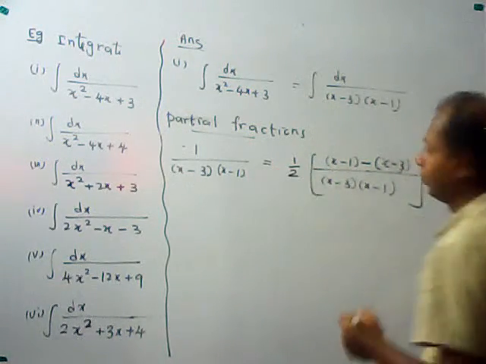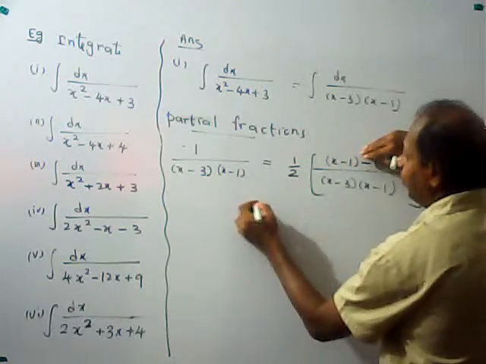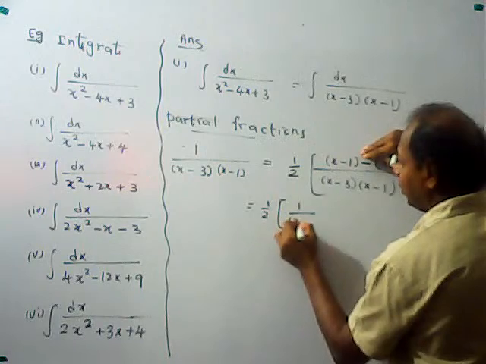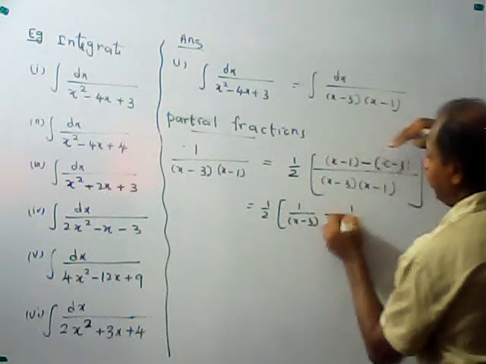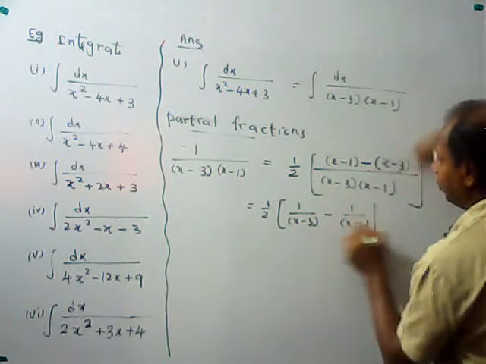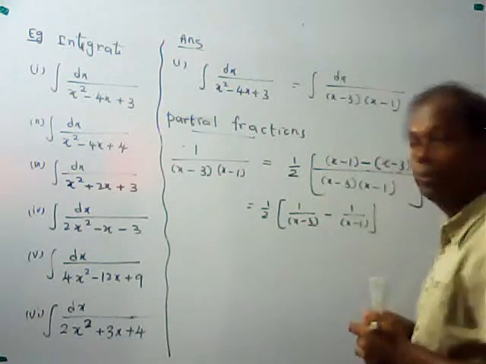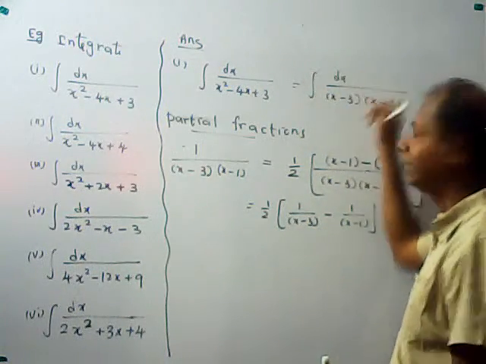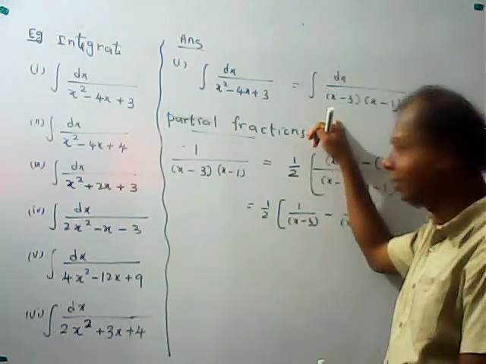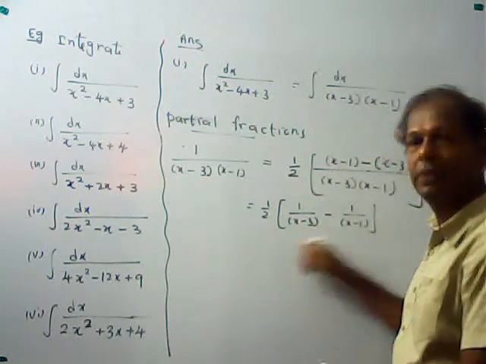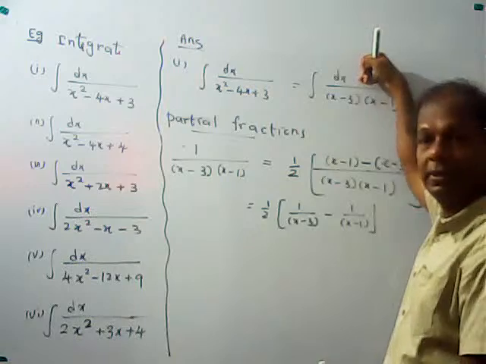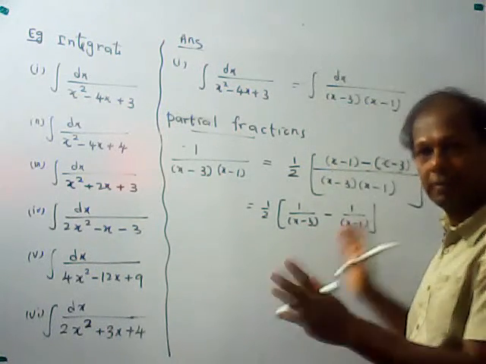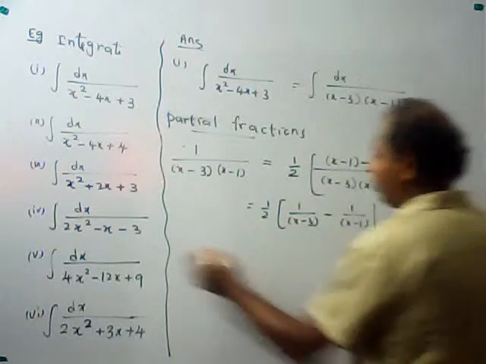Divide by that. Now separate. Half of 1 over x minus 3 minus 1 over x minus 1. So these are the partial fractions. So this function, what is given to integrate, is equal to this. Instead of integrating the given function, we will integrate this side. Very simple, right?